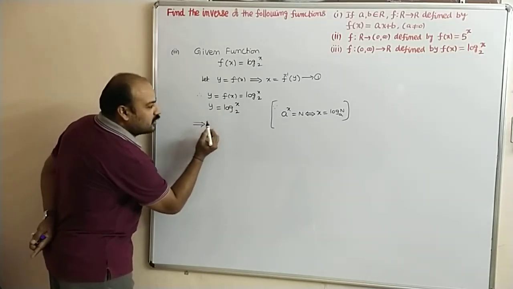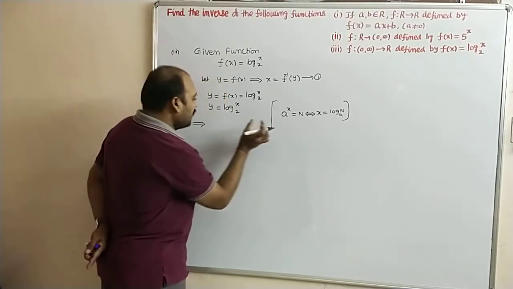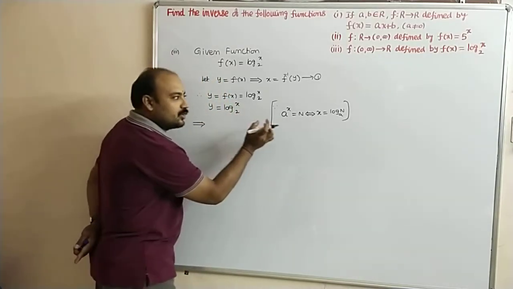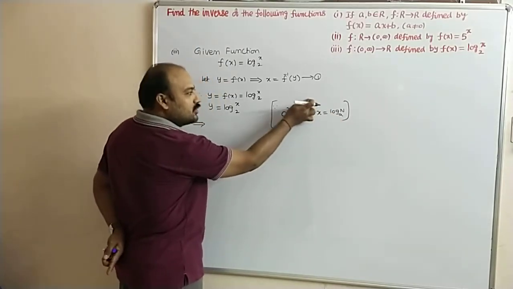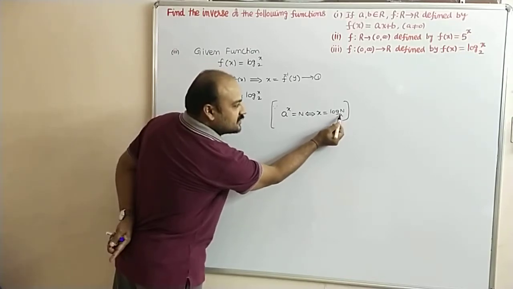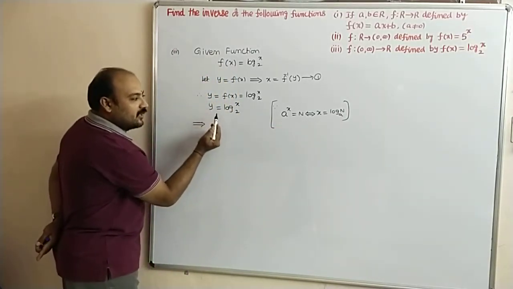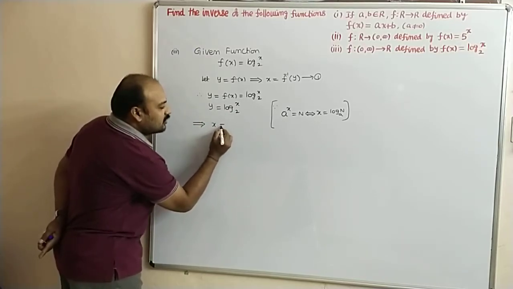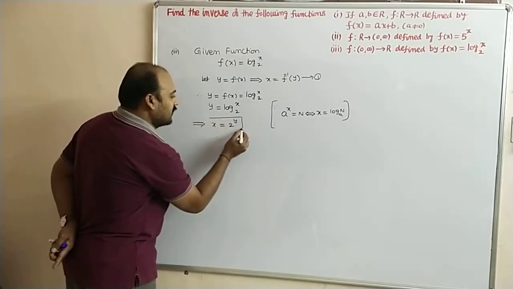That implies, by using this formula, comparing both, here y is equal to log x to the base 2, and here x is equal to log n to the base a. I want to express this form into the form a power x equal to n. Here, n can be expressed as a power x. Similarly, x can be expressed as 2 power y. Therefore, x is equal to 2 power y by the definition of logarithm.